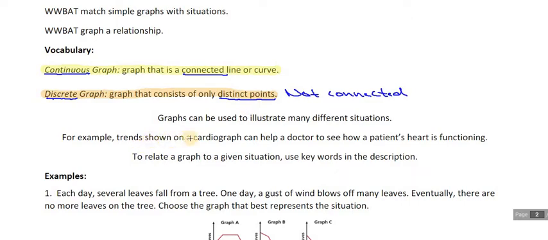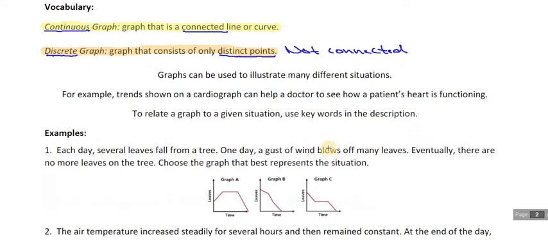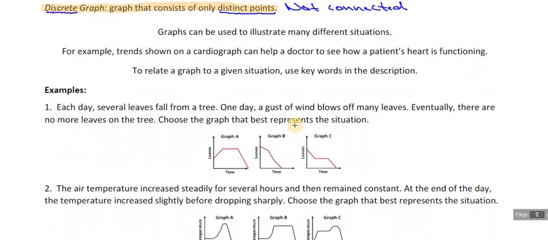For example, trends shown on a cardiograph can help a doctor see how a patient's heart is functioning. To relate a graph to a given situation, we need to use keywords in the description. We have to pay very close attention to our axes labels, meaning the labels on our x-axis, the horizontal axis, and the y-axis.